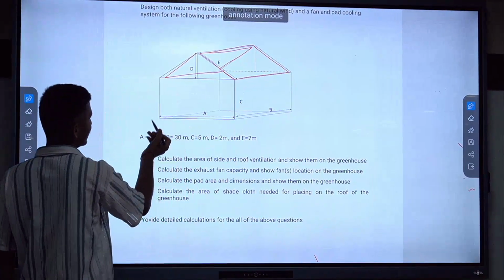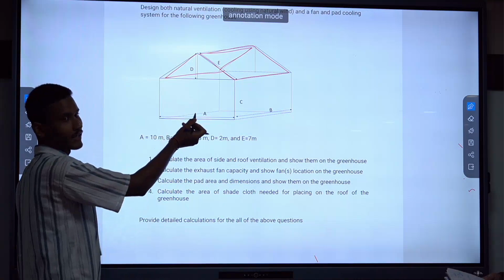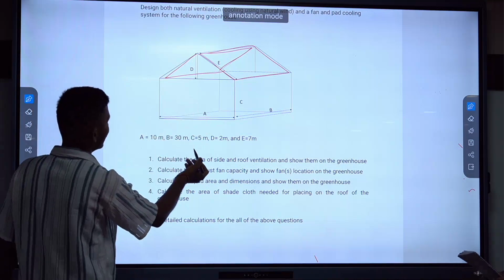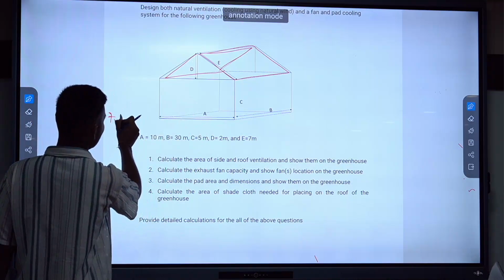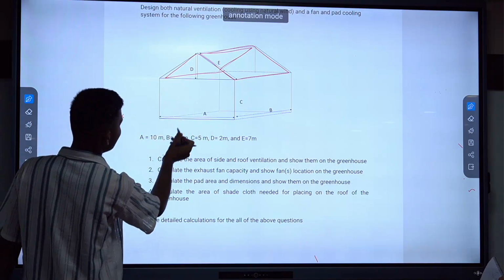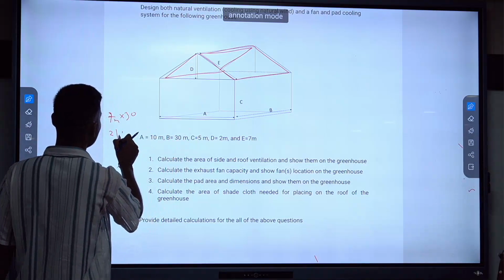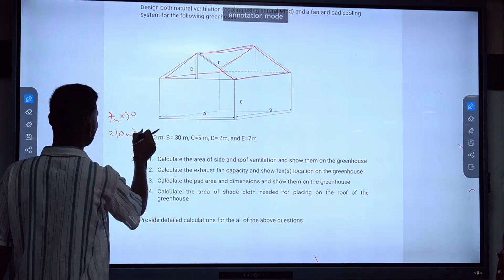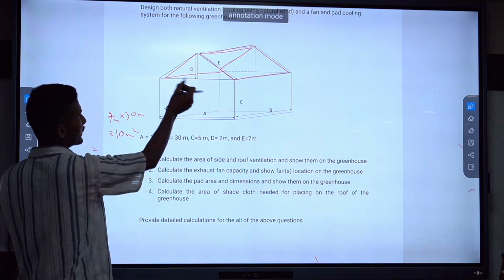Simply, as it is a polygon, we can assume that it is a rectangle. Okay, so E is 7. 21 meter square, and it will get multiplied by 2 because there are two sides.